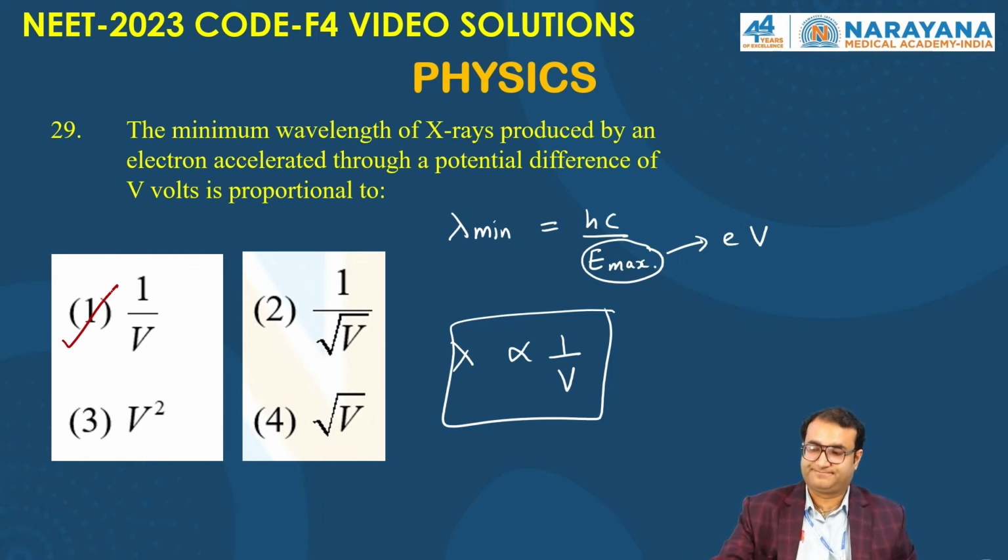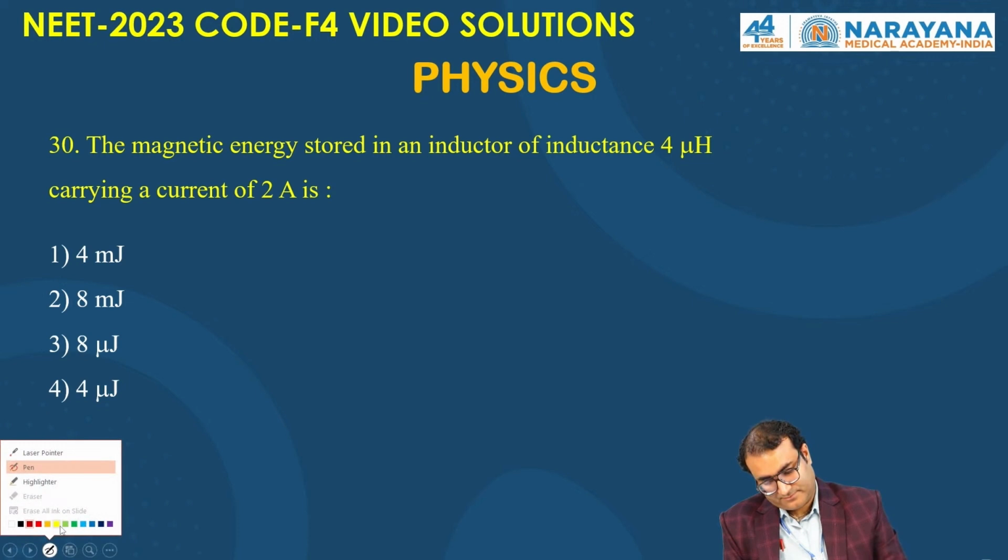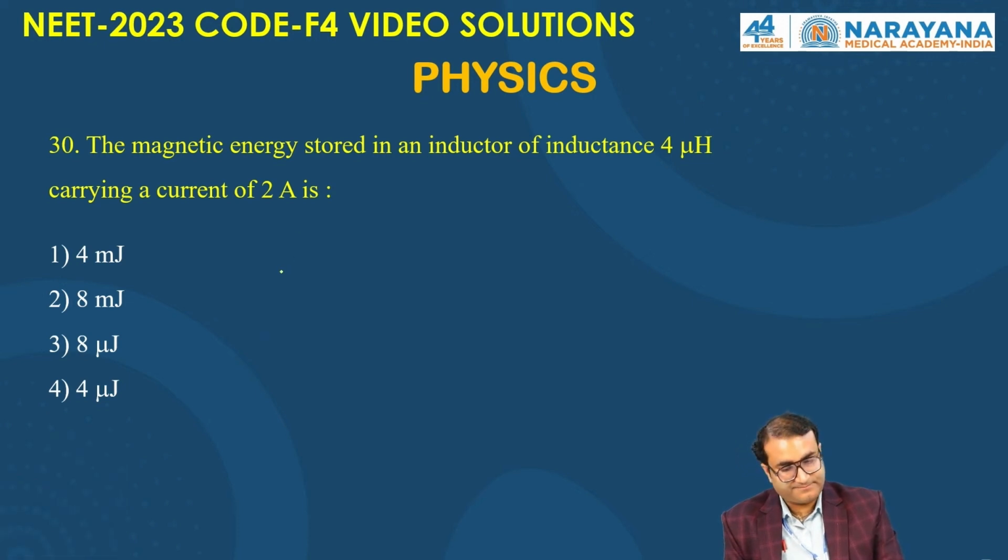Question number 30. The magnetic energy is stored in an inductor of inductance 4 microhenry and current of 2 ampere. Energy, we have a formula, it is half of L i square.